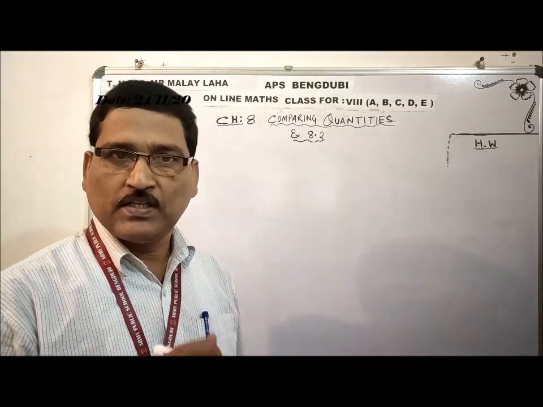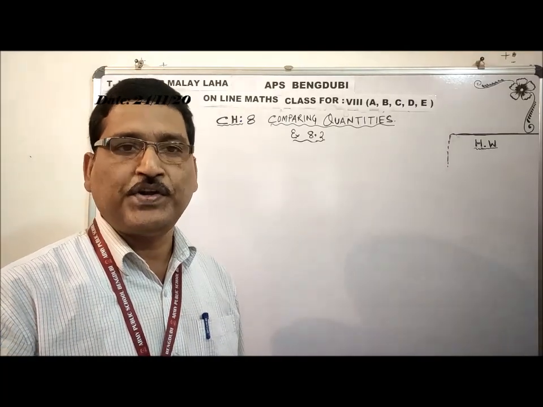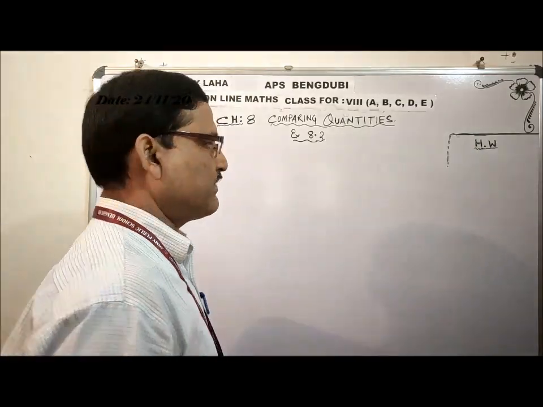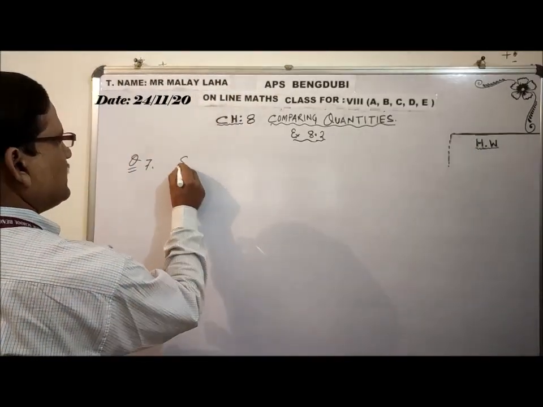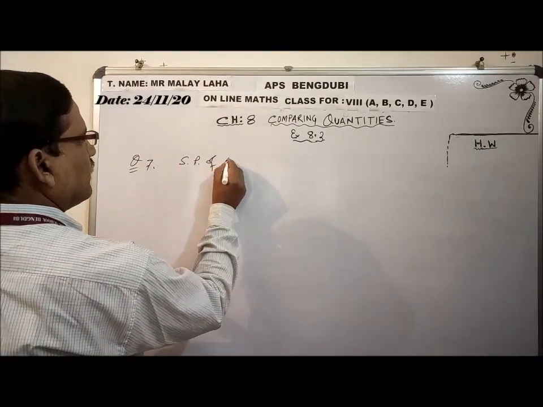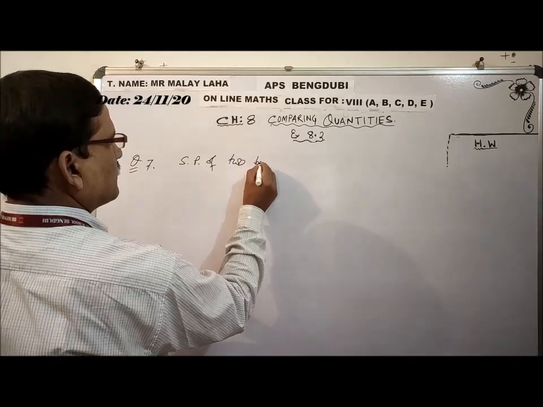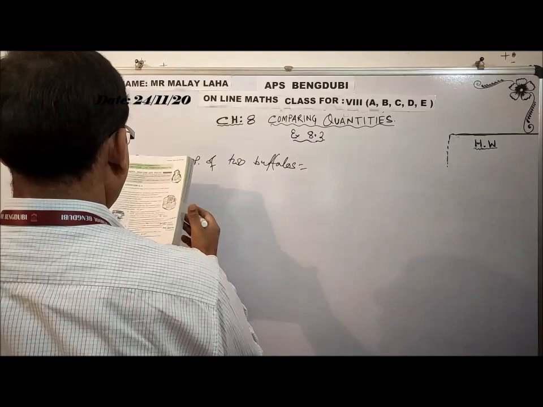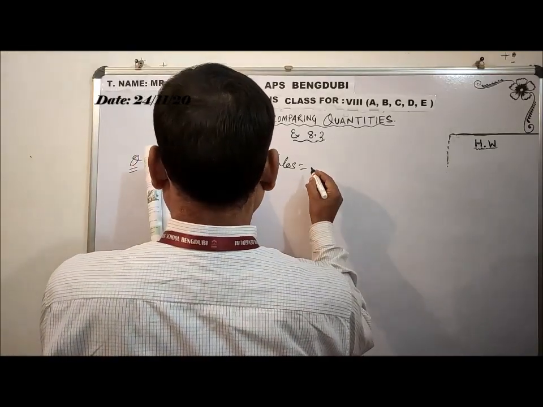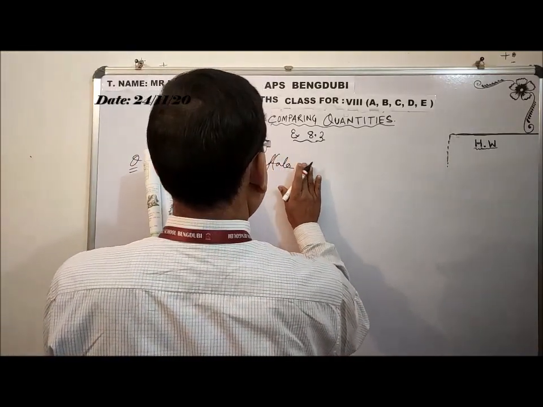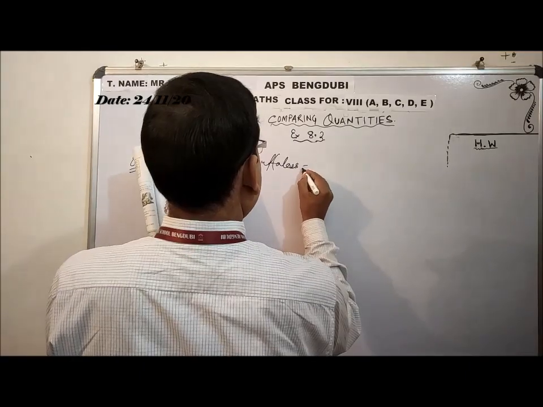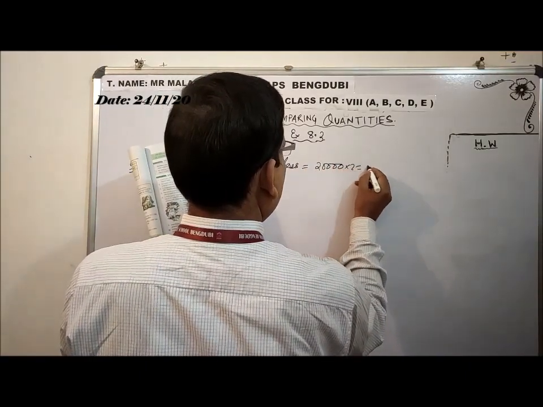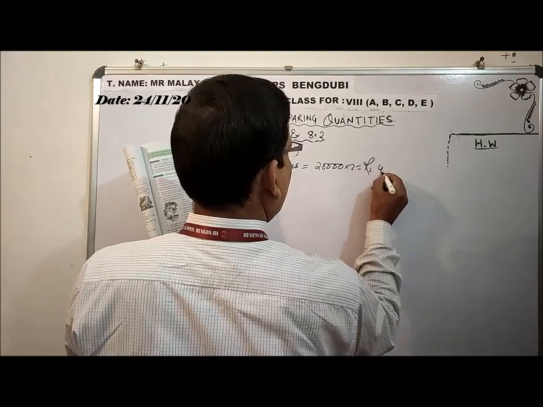Then what is the total selling price of 2 buffaloes? 20,000 into 2, that is 40,000. This you have to find out first. So SP of 2 buffaloes equals 20,000 into 2, rupees 40,000.